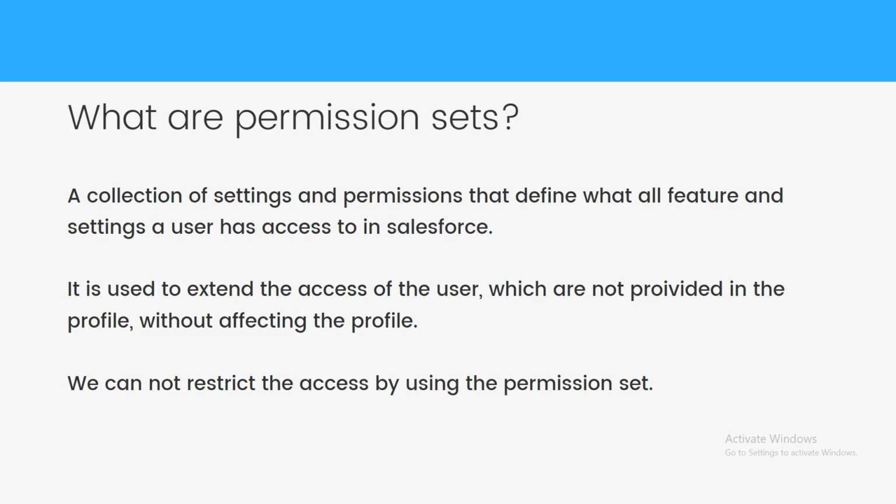But for now, if it is needed for an object, particularly for objects we can use permission sets, right? Either do it from the profile if you want all the users to have enhanced access, and if you want a particular set of users to have that access, you can use a permission set. That is a plus point of the permission set: you can only enhance, you cannot restrict.